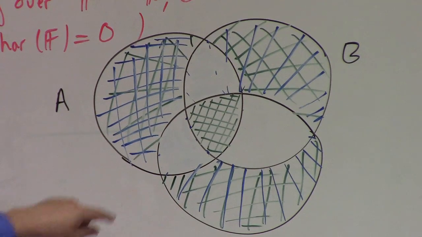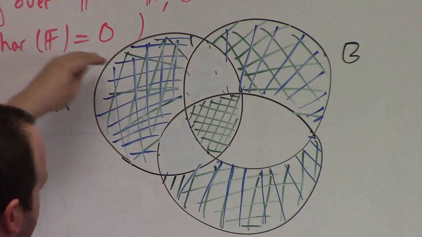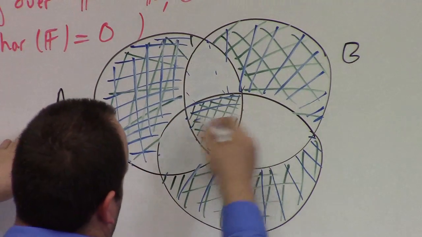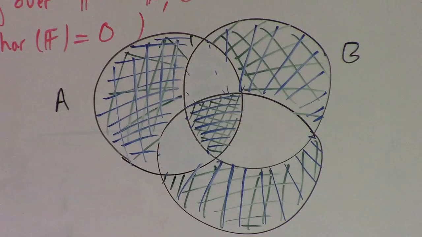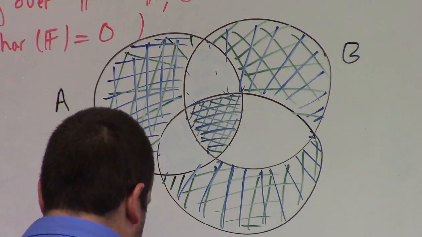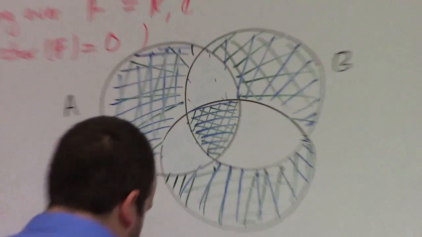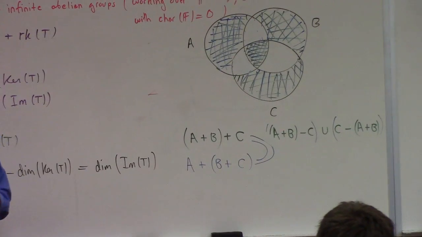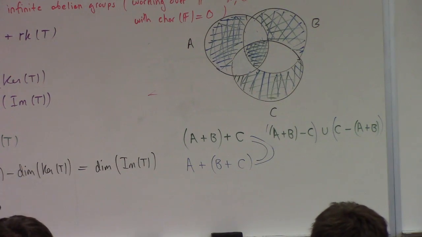And then again, I pick up the middle piece because that's in A, but it's not in B plus C. So as you can see, it's the same set. Consequently, these, if you'll allow me one of these kinds of equals, should save me some writing, are equal. So that's associativity of the symmetric difference operation.